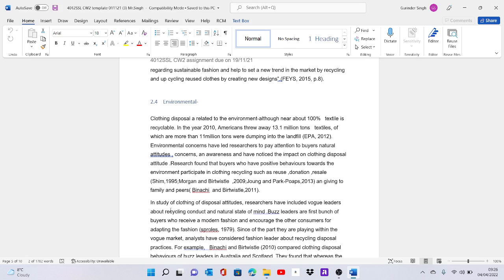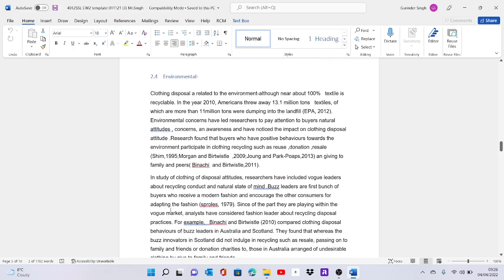Environmental concerns have led researchers to pay attention to environmental attitude, concern, and awareness, and have noticed the impact on clothing disposal attitude. Research found that buyers who have positive behaviors toward the environment participate in clothing recycling such as reuse, donation, resale, and giving to family and peers.